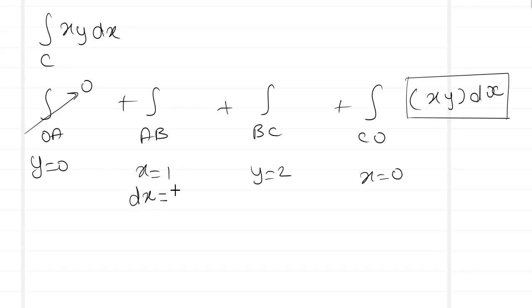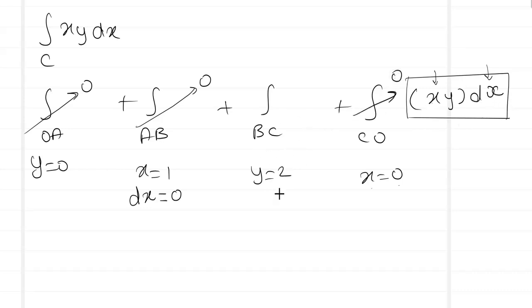Differentiate your x on both sides. 1 on differentiation gives you 0. So dx is 0, and this integration will also become 0. Now come to the last one, x equal to 0. When I put x equal to 0, this will also become 0.